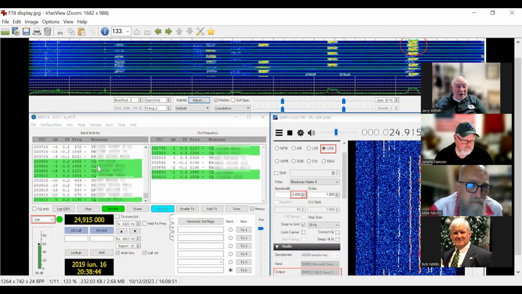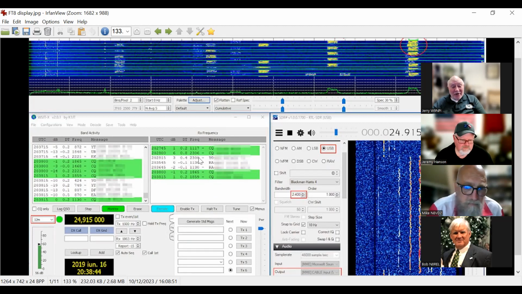And what you do, you click on it, and it'll come over to this section. And at this section, you can start transmitting and receiving, and it's all automated. This was set up for 24.915, which is a standard frequency for the FT8. So it says, hello, how are you?